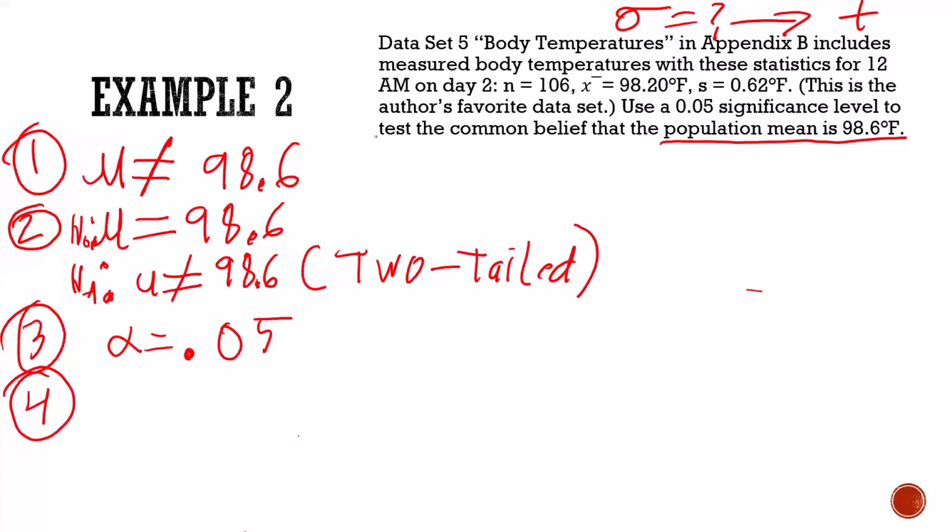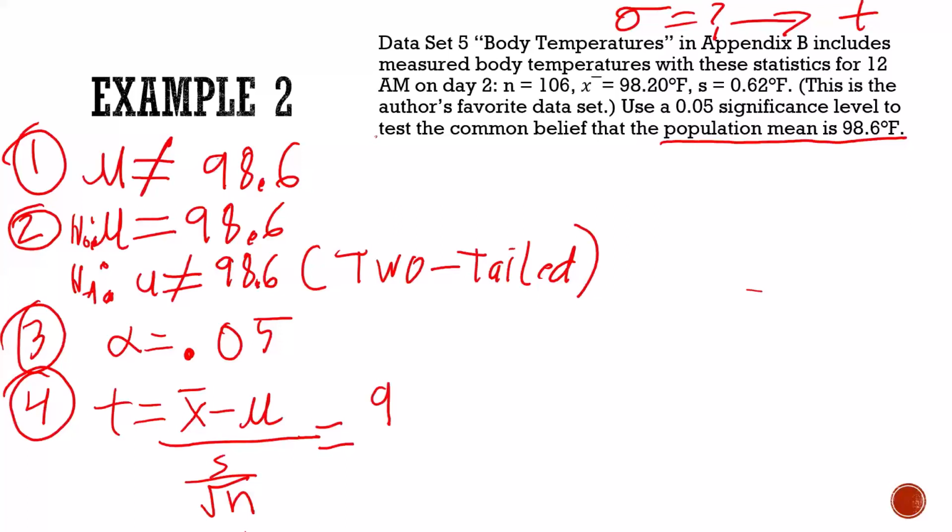So you want to calculate T, which the formula is X bar minus mu over s over root n. So let's plug that in. So which one of these is X bar?